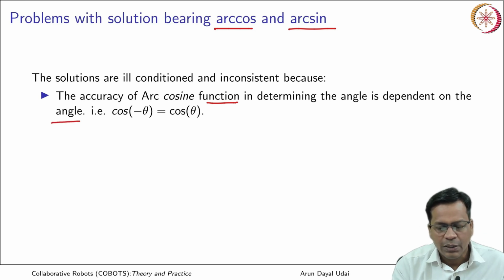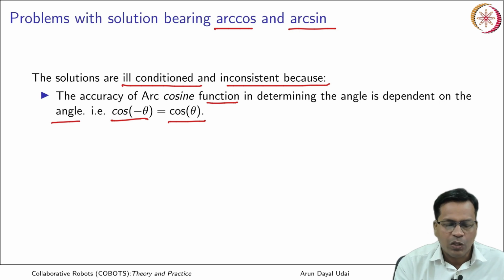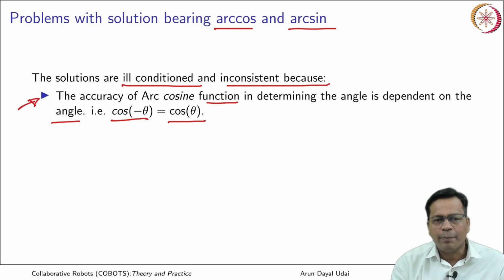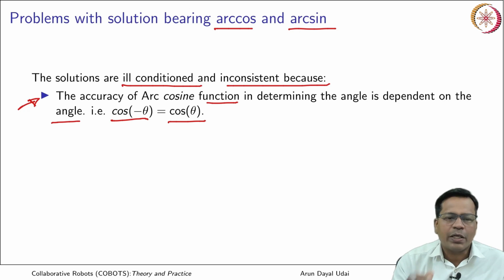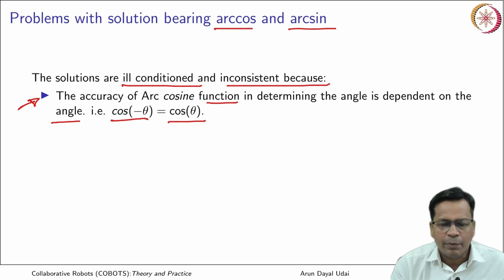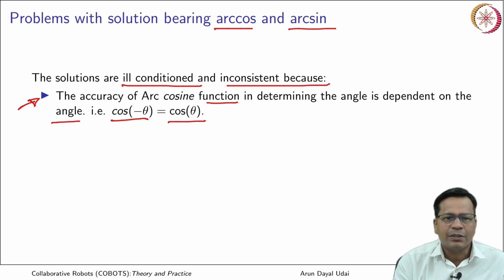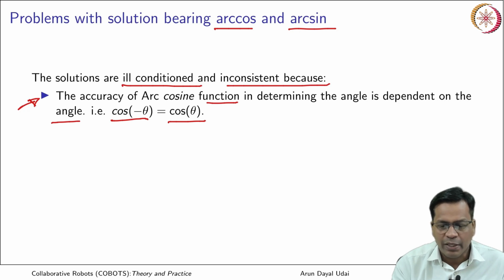So as you see, cos minus theta is equal to cos theta. So the solutions are ill conditioned and inconsistent because of this. In programming, when you start programming for inverse kinematics, you should be very particular about the solution and the system should be well programmable. Can we put any condition so as to get to the accurate, exact solution? So that is the reason it should be well defined.